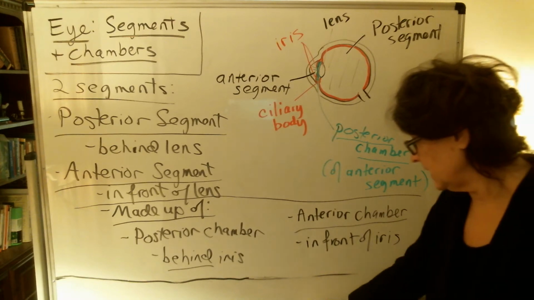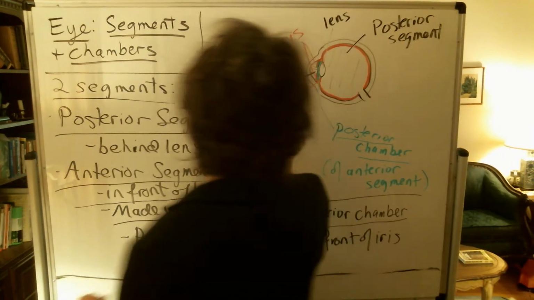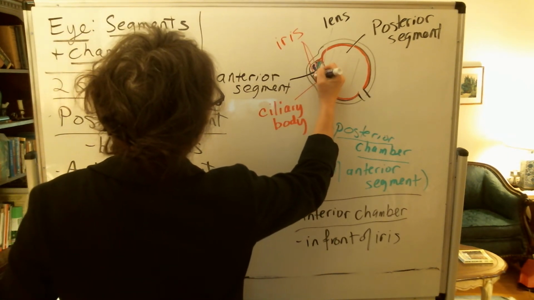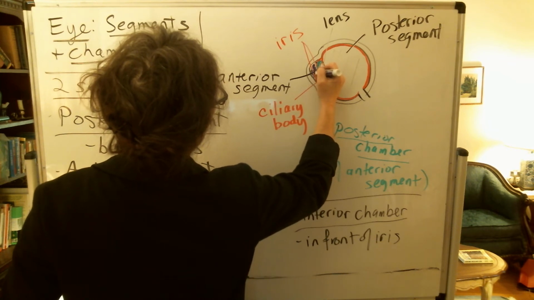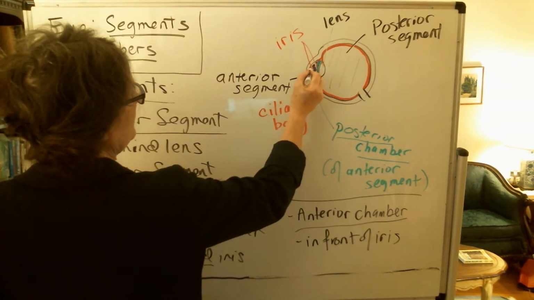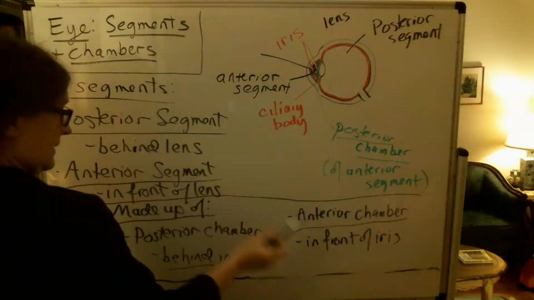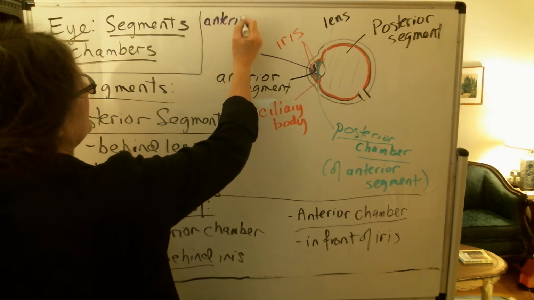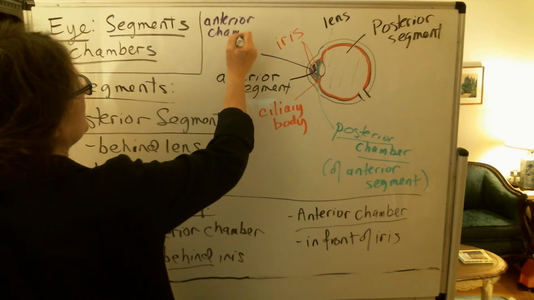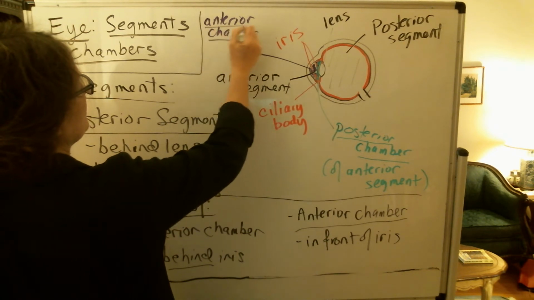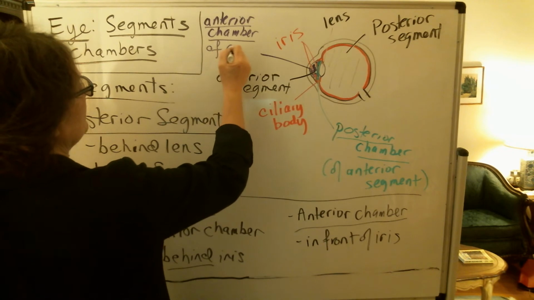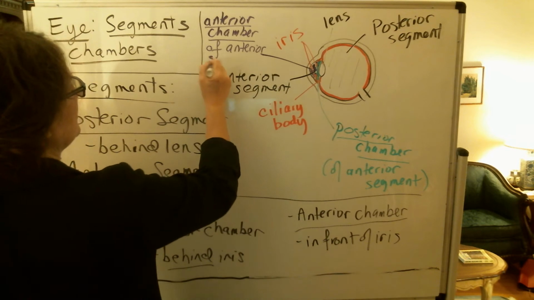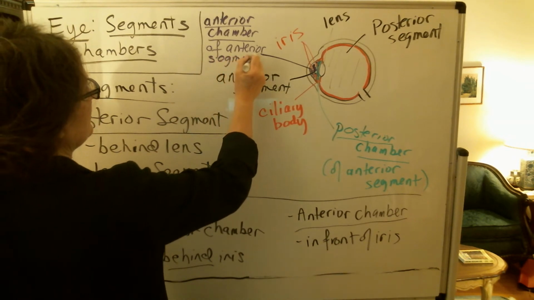And then let's draw the other one in purple. So then all through here, all of this now. This now is the anterior chamber of the anterior segment.